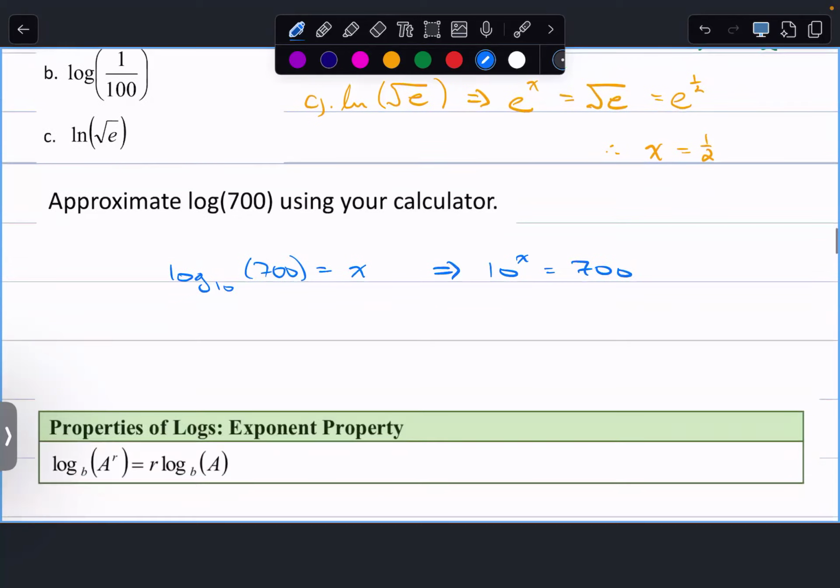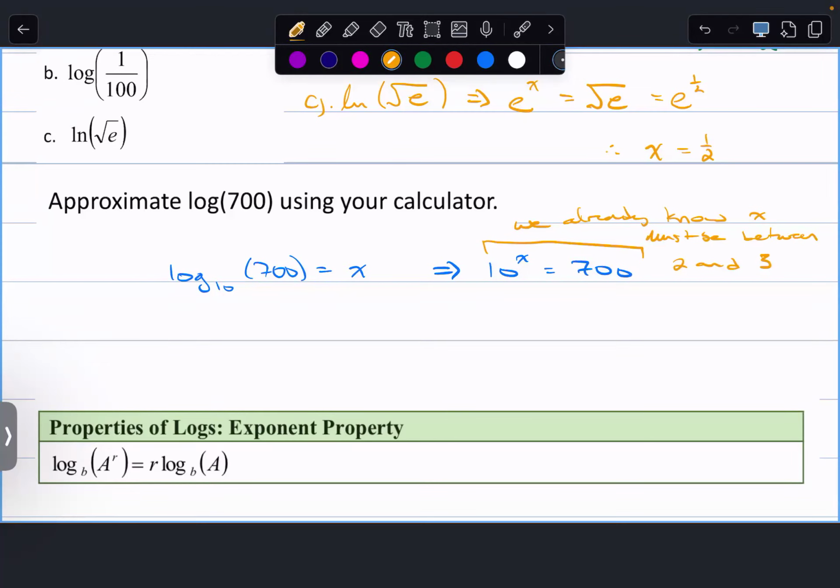And so we already know x must be between 2 and 3. So what if we tried 2.5? 10 to the power 2.5, I get 316. So you can just try values.